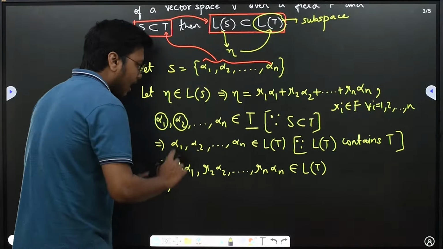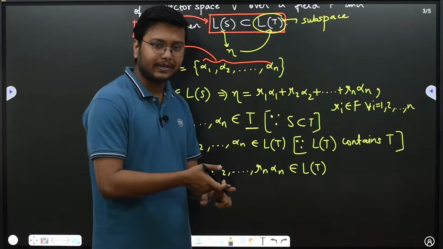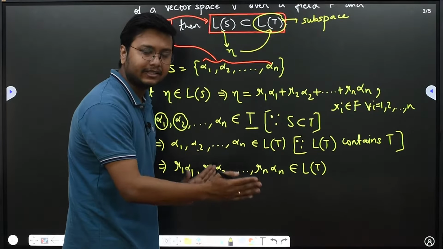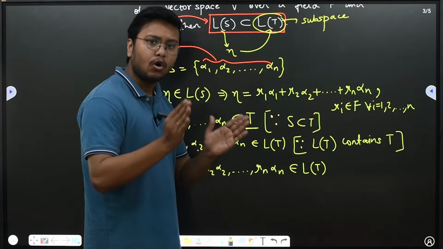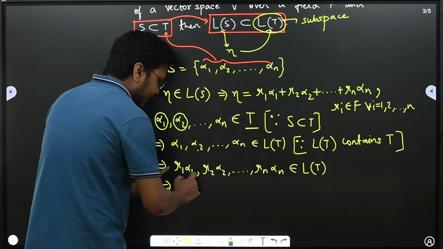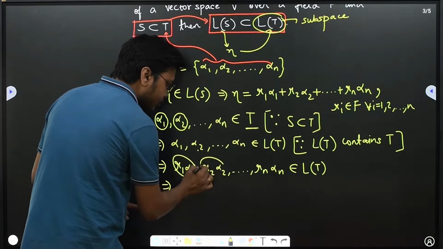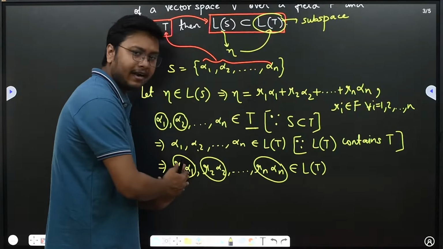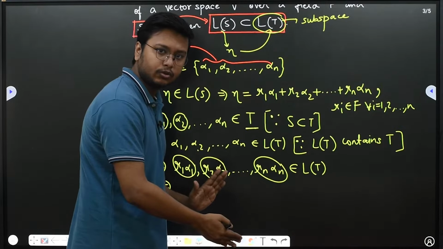And now again, using another property of subspace, that if I take two or more elements from a subspace and add them, they're all going to still belong to the subspace, right? So if I take all these elements from the subspace LT and add them, they are still going to belong to LT.